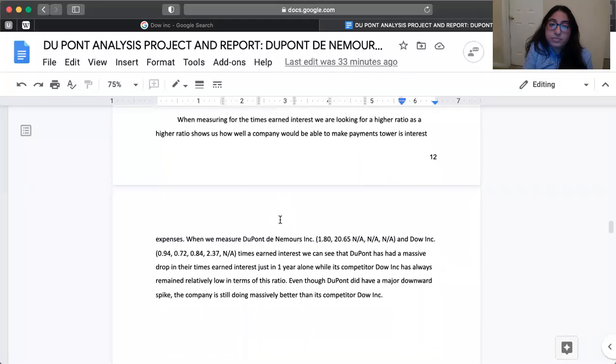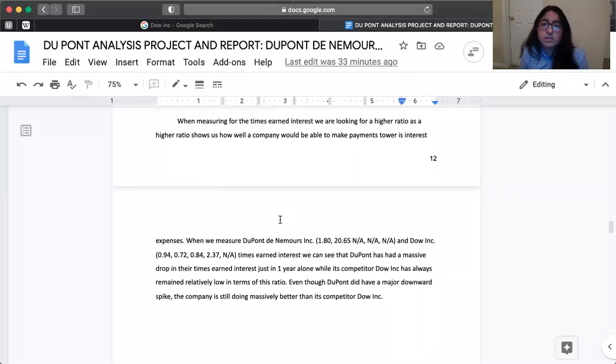When measuring for the times earned interest, we are looking for a higher ratio, as a higher ratio shows us how well a company would be able to make payments towards the interest expenses.